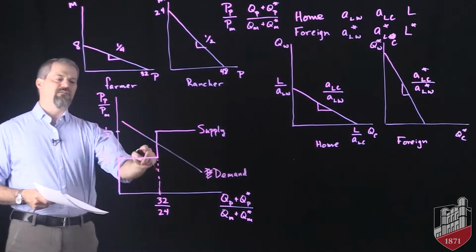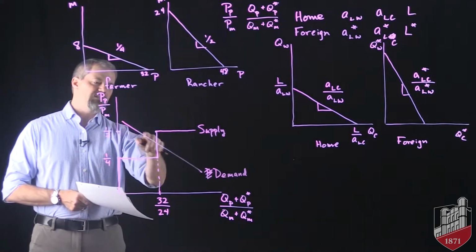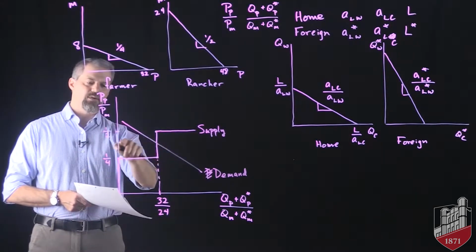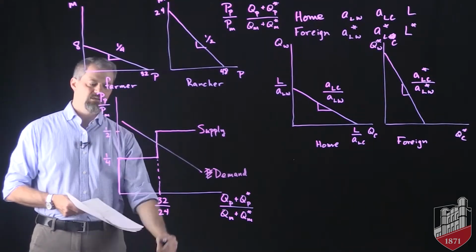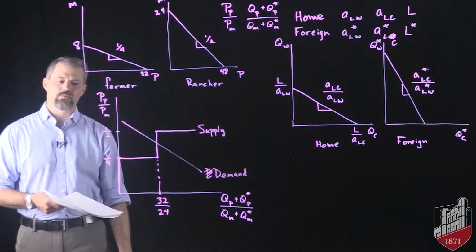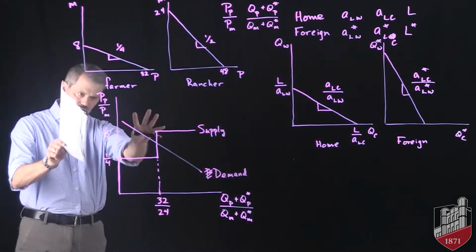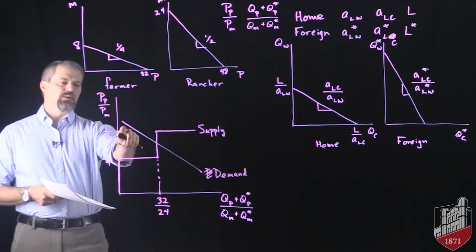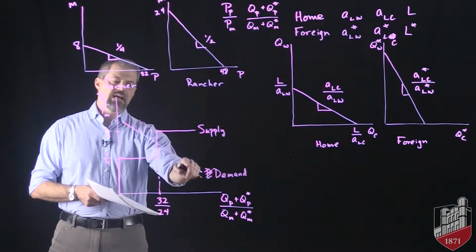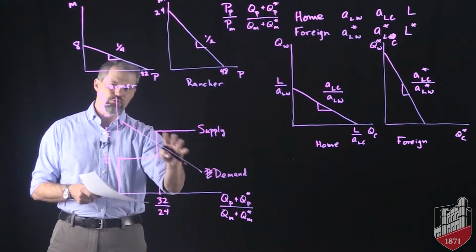We're still going to be finding the intersection of that demand and supply curve, and that's going to determine the world relative price of potatoes, and it will determine the relative quantity that's produced in our little world of our farmer and rancher.